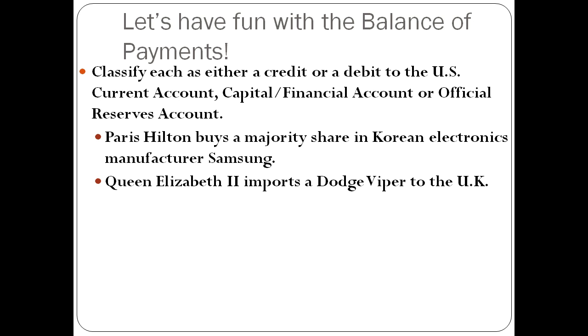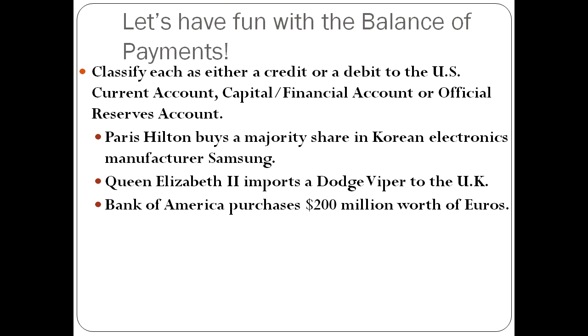Now, if the United States is exporting something, that means that they are giving up the good and they are bringing in the money. And so because of that, it is going to be an inflow of money, and it is going to be a credit. So this is going to be a credit to the current account.